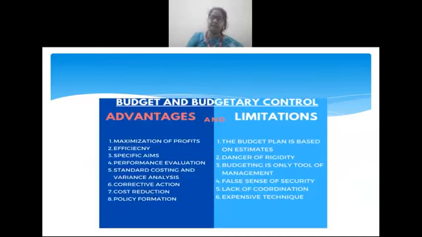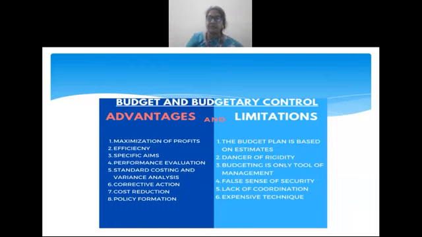Budget and budgetary control, advantages and limitations. The advantages are maximization of profit, efficiency, specific aims. For each and every activity, we will see that it should maximize the profit. It should be efficient.